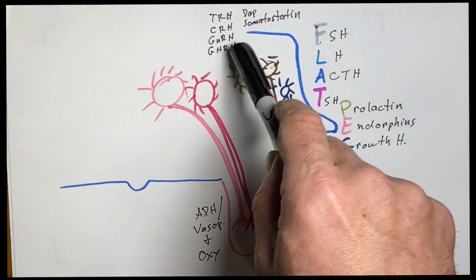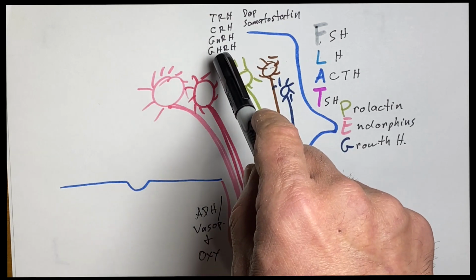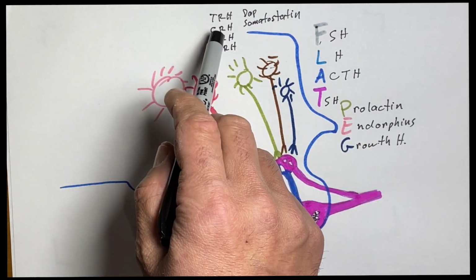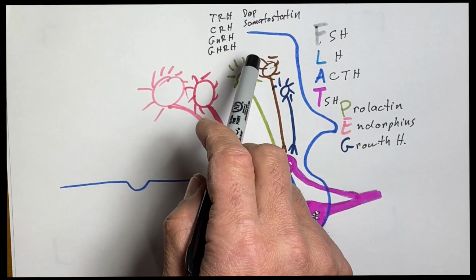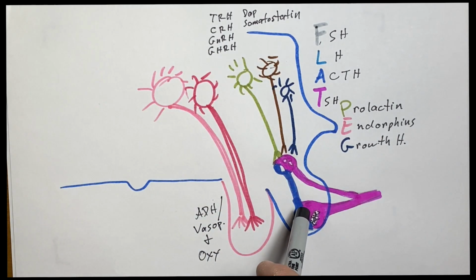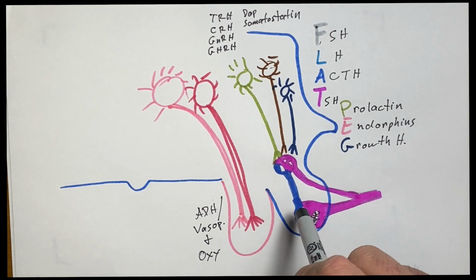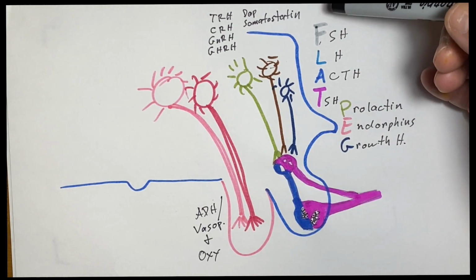Now, you don't need to remember each one of these, but you do need to get the concept. Releasing hormones are manufactured by the hypothalamus for the anterior pituitary. They cause the anterior pituitary to manufacture and release the following hormones.